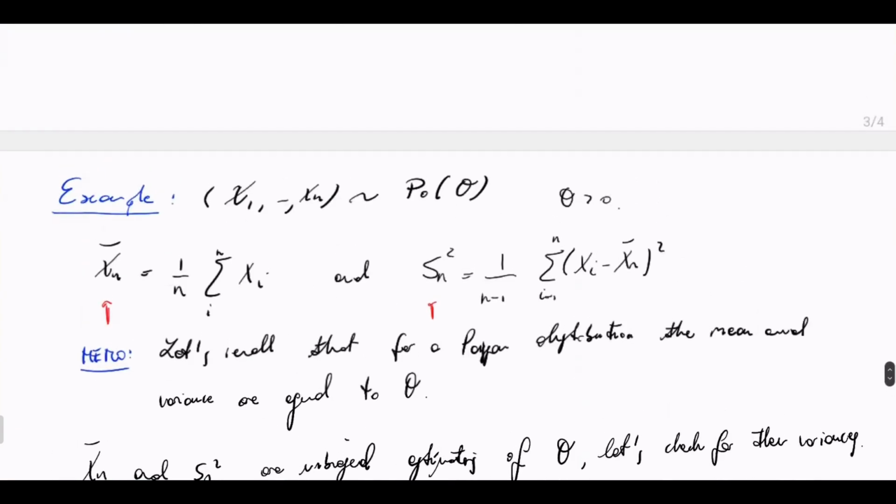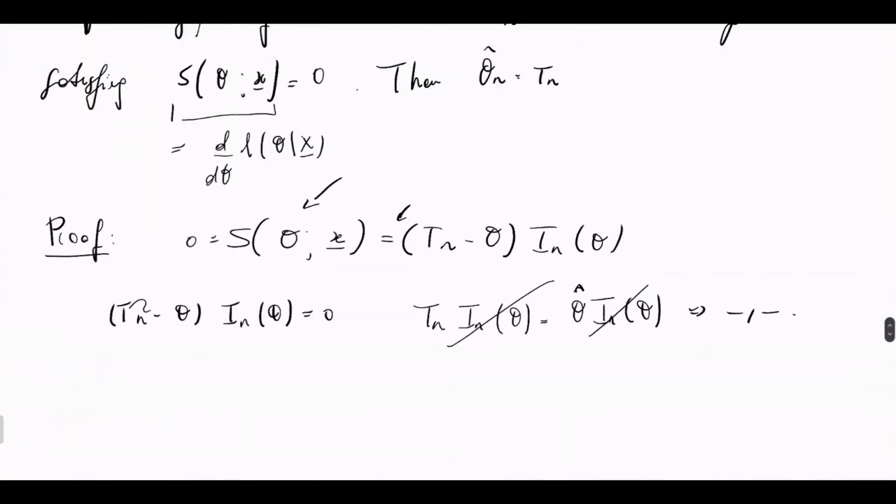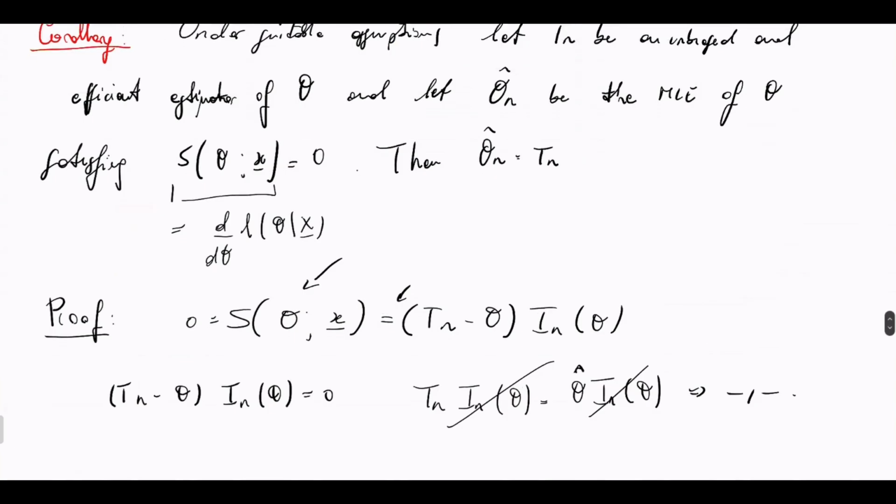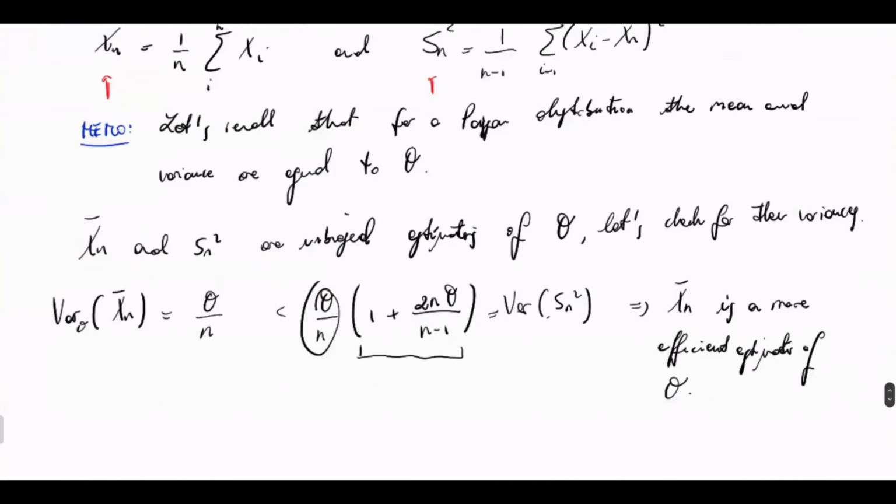Once again, remember, we started with the claim that the MLE estimator of our parameter under these assumptions is equal to the efficient and unbiased estimator.